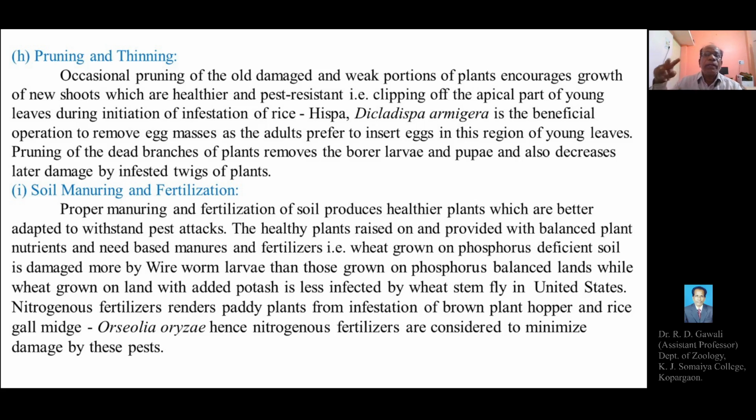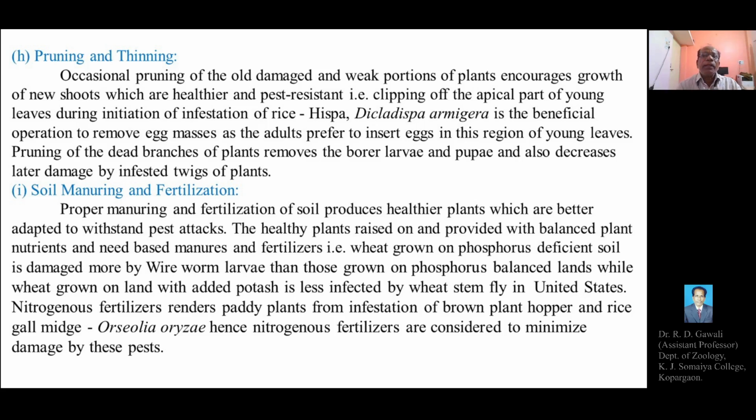So pruning of the dead branches or weak branches of the plants helps in removing the borer larvae and the pupae and also decreases the later damage by the infested twigs of the plants. Periodical pruning or thinning of old or weak branches will help in proper ventilation and eliminate the suitable conditions for the pest attack and for hiding the stages of the life cycle of the pest.